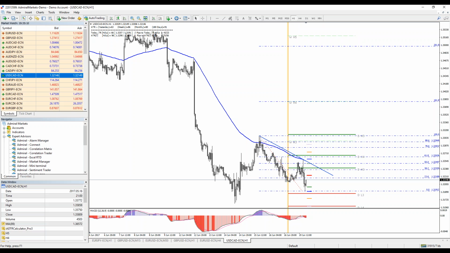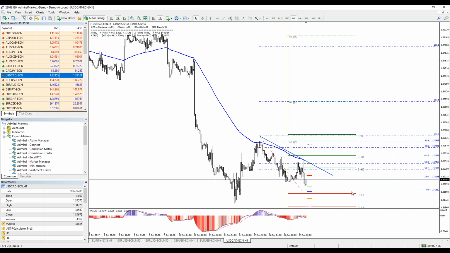Here, you see dollar CAD. Dollar CAD, a lot of confluence here, around the 32.50, 32.60 region. So EMA 89, trend line, daily H4, 61.8. So this is the sign that retracement has started. Still want to see some nice action before I short it. I cannot short it now.